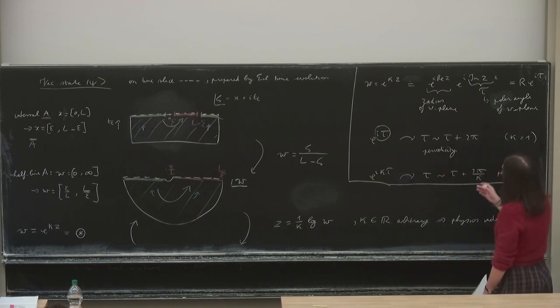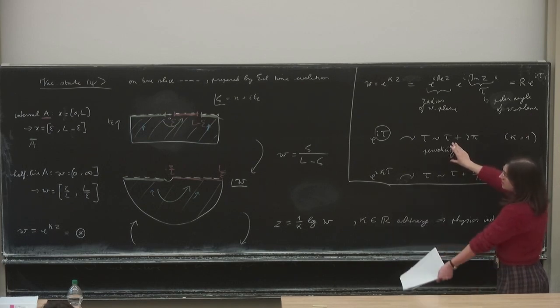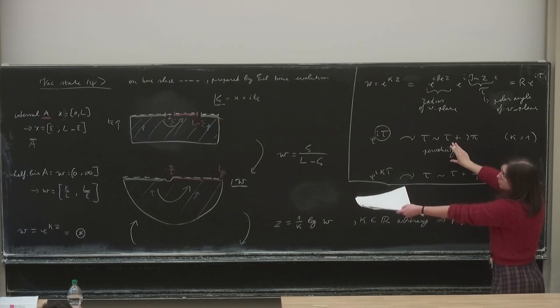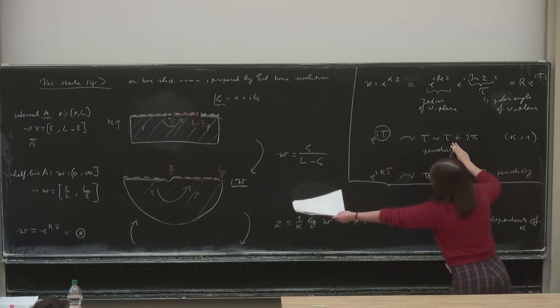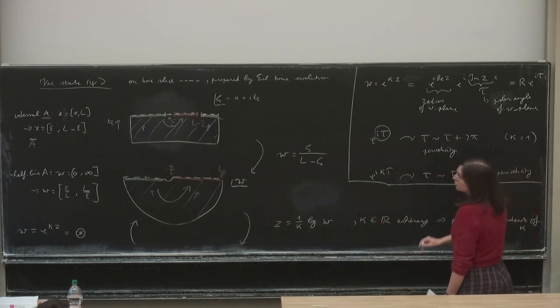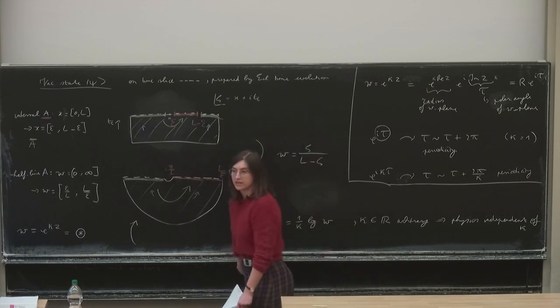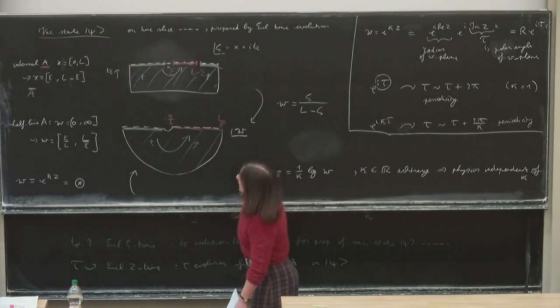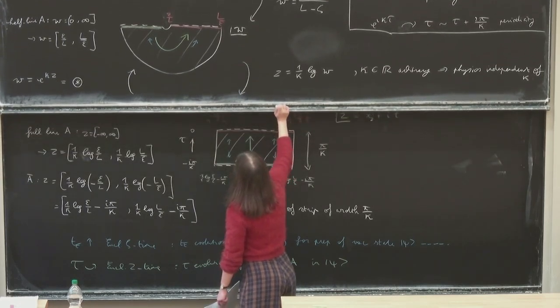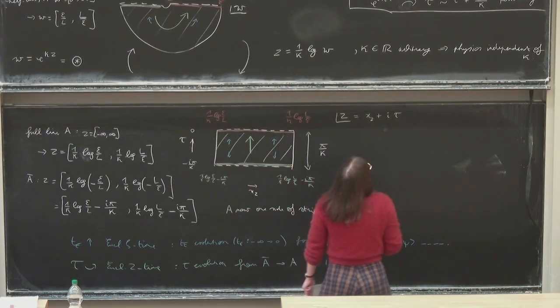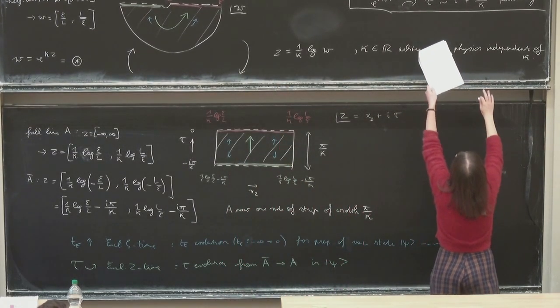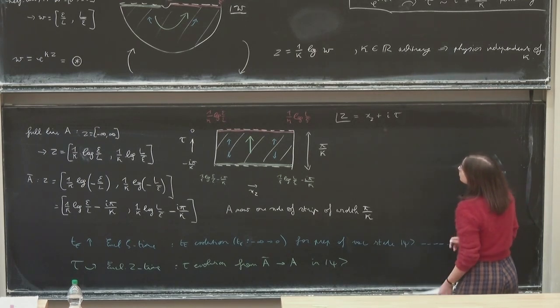So let's check with our figures that this periodicity makes sense. I told you tau is not only the z Euclidean time, but it's also the polar angle in the w picture. And there, your polar angle should have a periodicity 2 pi. In the lower picture, I should have that my tau has a periodicity of 2 pi over kappa.